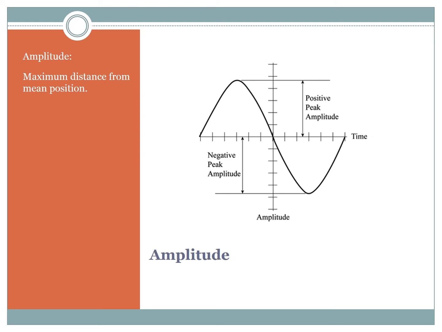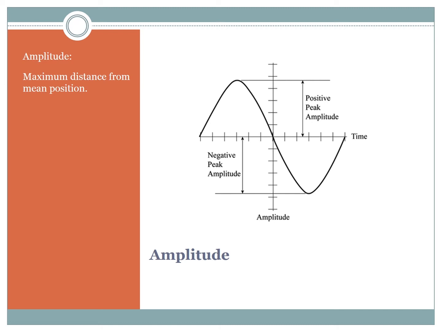Next characteristic is amplitude. Amplitude is basically the maximum distance of the wave from the mean point. As you can see, a plain line, and you will see a crest and a trough.